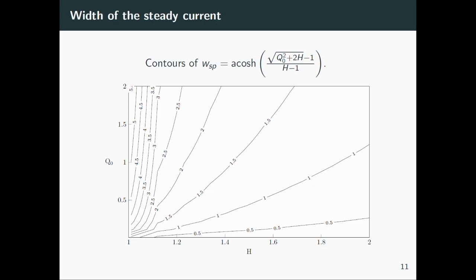But as the depth of the ocean layer increases, the width decreases, because if the ocean layer is deeper, then the columns are stretching more, and they will also be deeper, and so that can accommodate more fluid. So we have these competing effects that determine the width of the current.